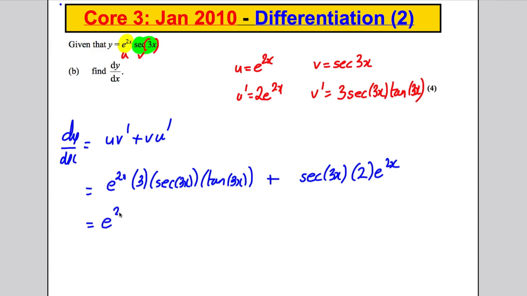You could factorise out the e to the 2x, and also a sec 3x. You would be left with a 3 tan 3x, and plus 2 as follows. So that's your dy by dx.